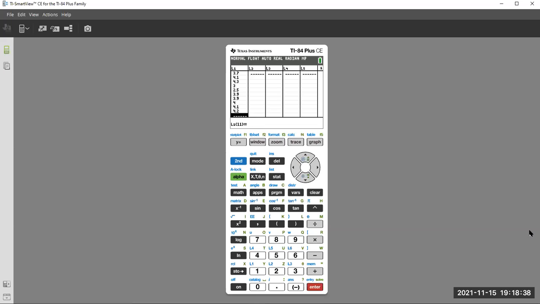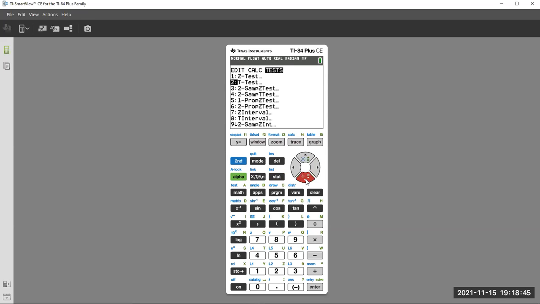All right, so I got my data set in there. List one, I've got to remember where it is. Pick up my t-test. This time I've got raw data.